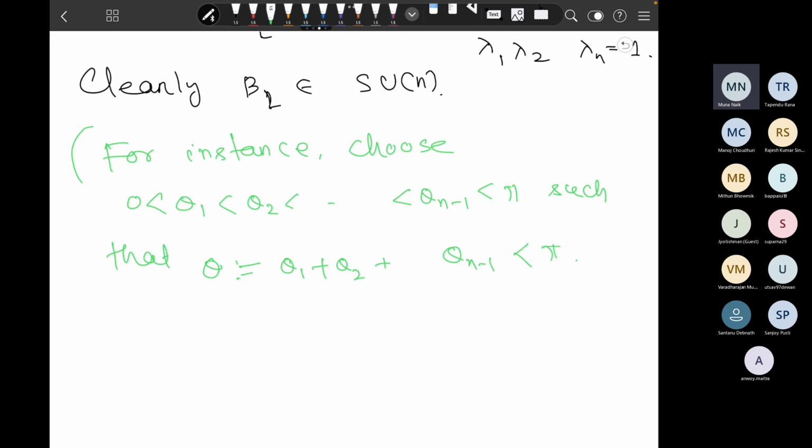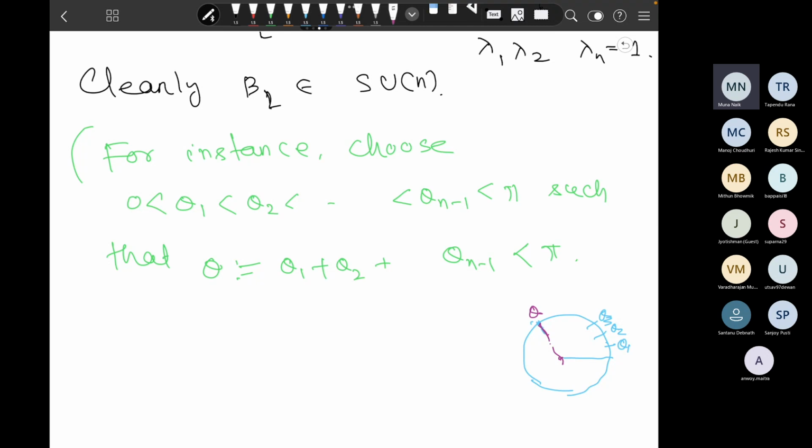So this is my picture. This is my θ1, this is my θ2, similarly this is my θ3. But the sum of θ1 to θn−1, that is really less than π. This is my θ, and this θ is also less than π.